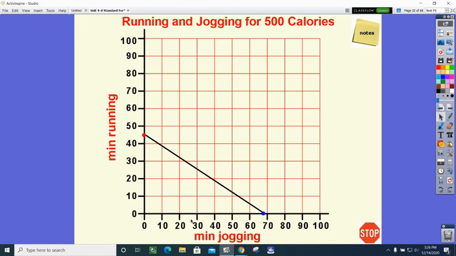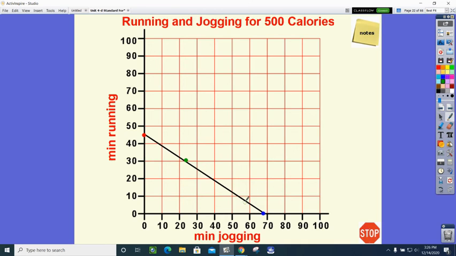that would be a combination of minutes jogging and minutes running that would burn 500 calories. So I'm just going to grab a dot here with mine, and pick a different color so it doesn't look like one, boom, right there. That's about 22 minutes jogging and just over 30 minutes running, you'd burn 500 calories.